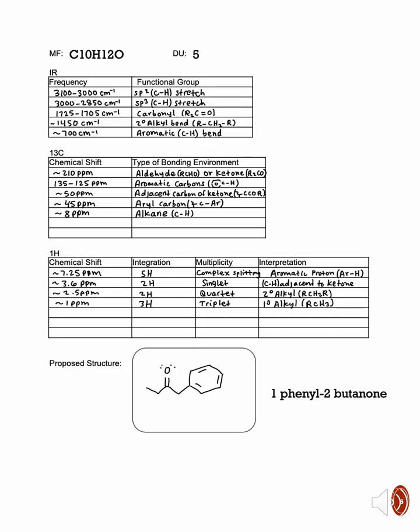An aryl group contains 6 carbons and 5 hydrogens, leaving 4 carbons, 7 hydrogens, and 1 oxygen left.